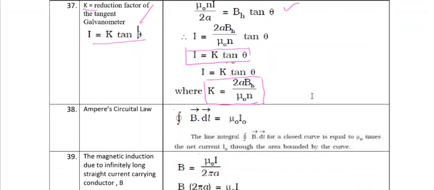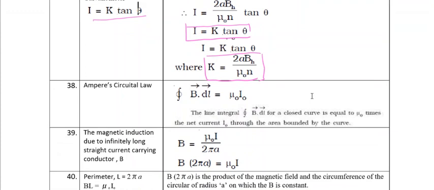Ampere's circuital law. So the integral over the cycle of B, that is the magnetic field, dot dl, the differential element, the small length element of the conductor, is given by mu naught I naught. It means the line integral over the cycle, that is we have to take the entire length of the conductor, even though it is a circular loop.